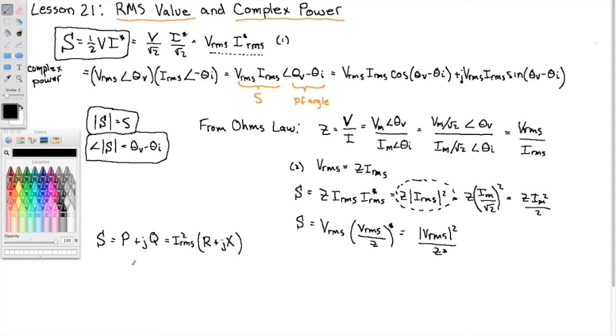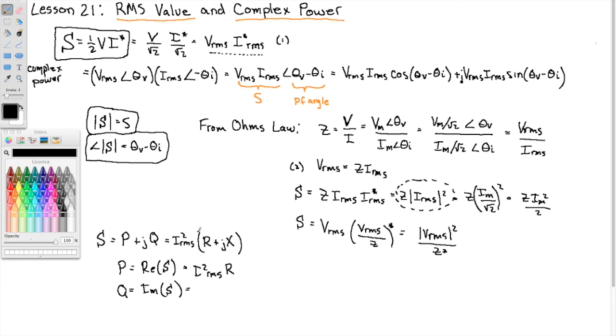Now we compare these and we see P is the real part of the complex power, and that is equal to, if we distribute the I squared RMS in, I squared RMS times R. Q is the imaginary part of the complex power.